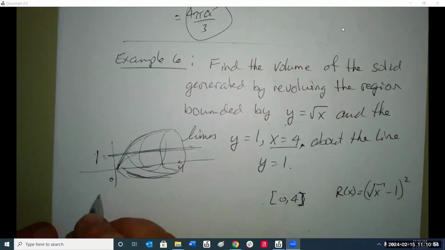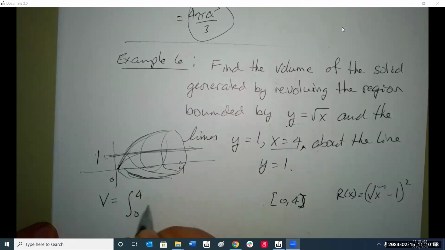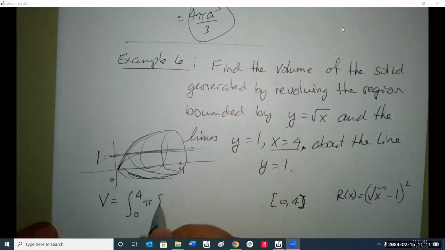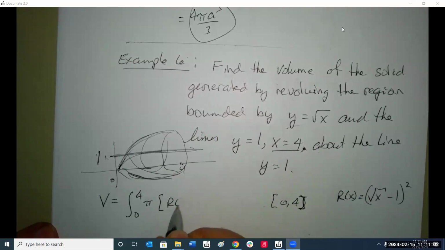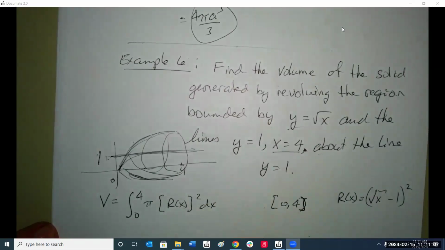So the integral from 0 to 4 of pi R squared. No, it's going to be squared because this is the function that's going to be squared here.